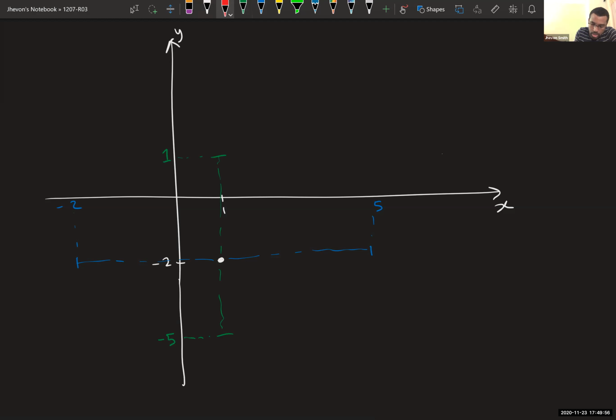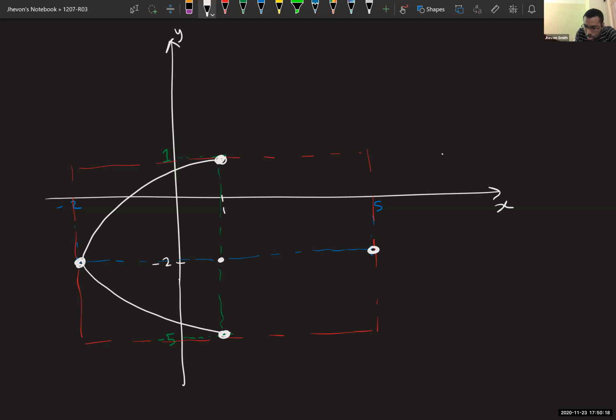So now what happens is you've created that box. And where these lines hit the box form the vertices. And that's your ellipse.